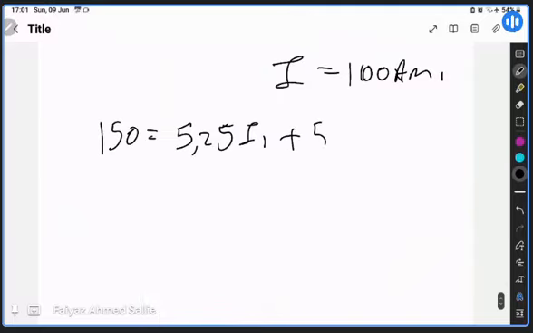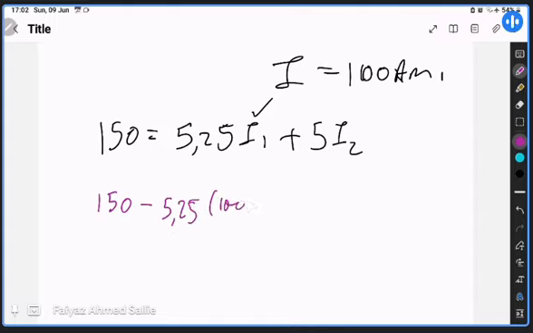We have to find this one. So let's do 150 minus 5.25 times 100 equals 5 I2. So we divide this by 5 and I2 will equal the answer over 5.